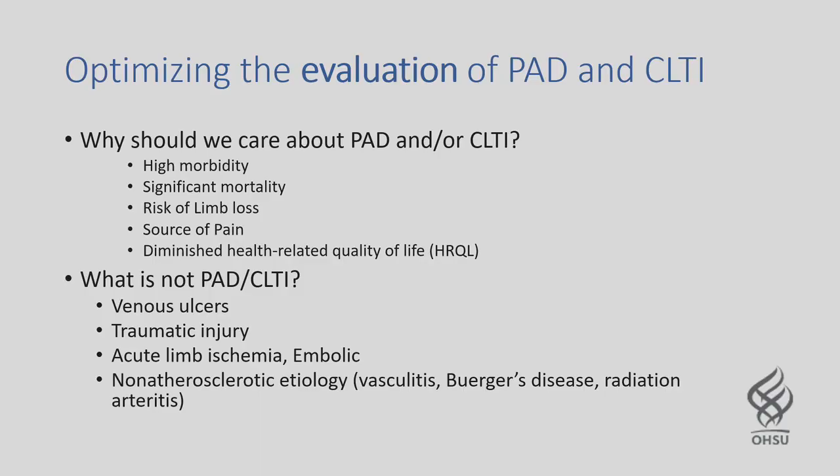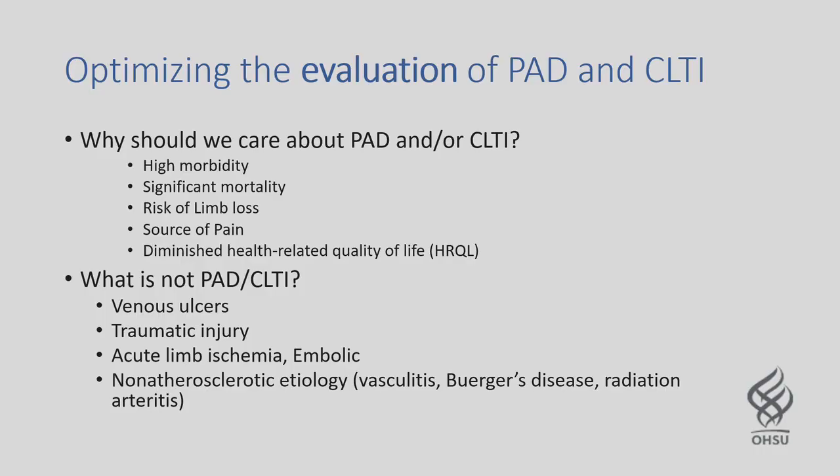I should specify that in terms of peripheral arterial disease alone, so in the absence of limb-threatening ischemia, so no rest pain, no tissue loss, the risk of amputation is actually less than 5% in 5 years with a diagnosis of PAD. But if that same patient now has a non-healing ulcer or ischemic rest pain, their risk of major amputation is up to 25% in 1 year.